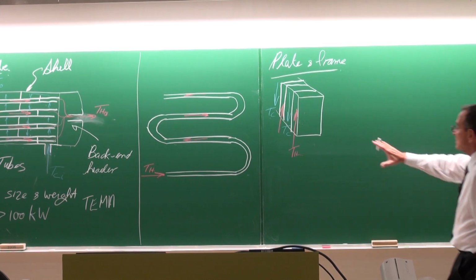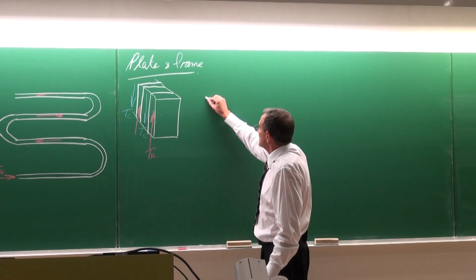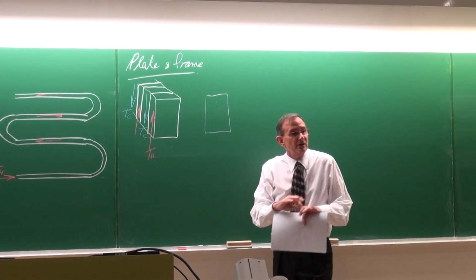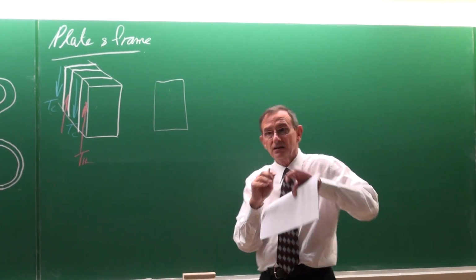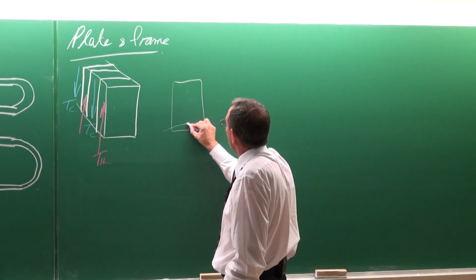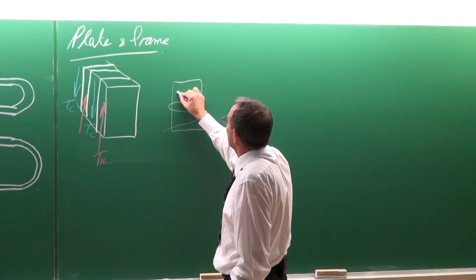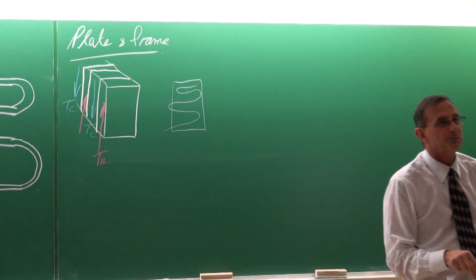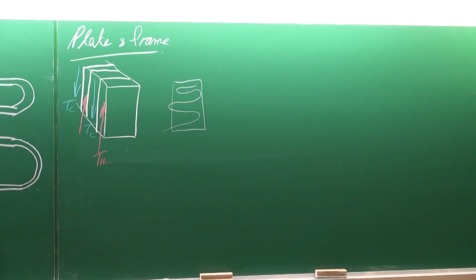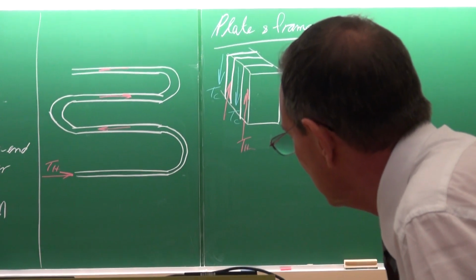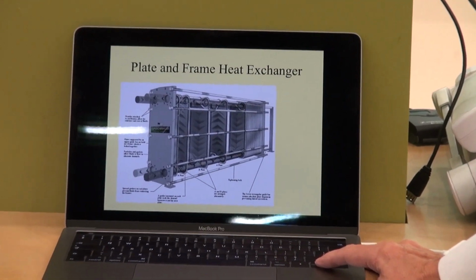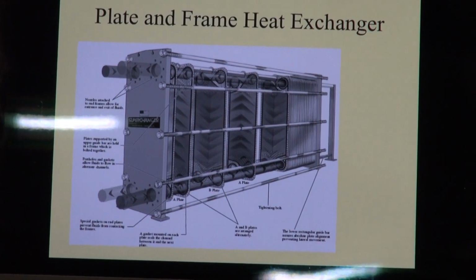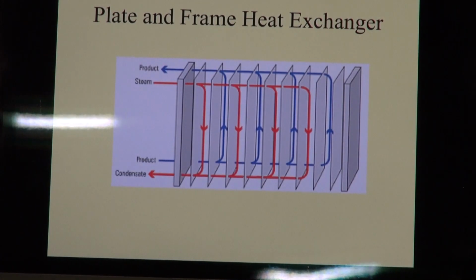and except for the fact that it has plates, what you can start doing with these plates is, if that is the plate, you can start doing very interesting things in the sense that you can bend the plate so that the flow can be forced in a zigzag direction. Okay. And I'm going to show you some examples in that regard. So there you can see it. We put it together, all the different plates. You cannot see the patterns that clearly on the plates, but in principle, that is what you do.